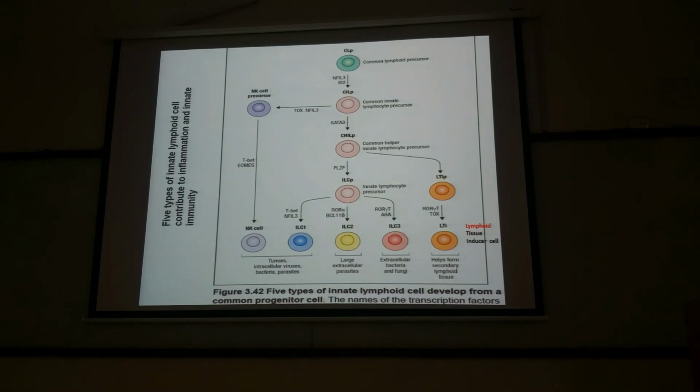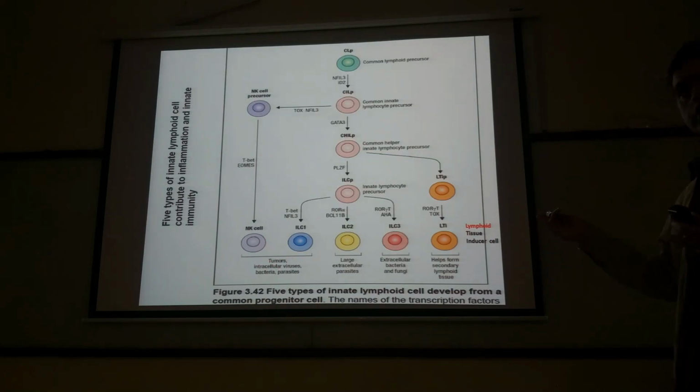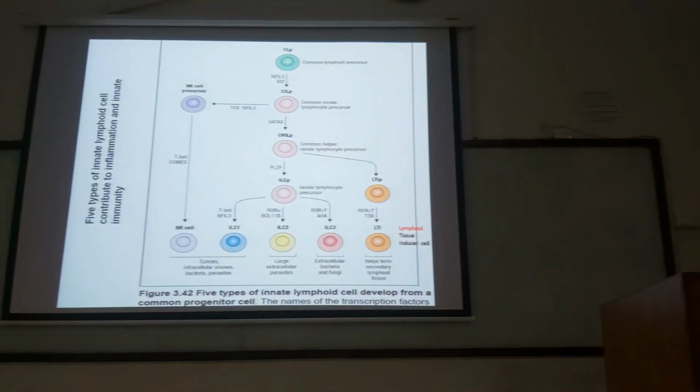We call them ILCs, or innate lymphoid cells. Okay? The most studied of all the lymphoid cells is the natural killer cell. You talk about the natural killer cells a bit in detail as compared to others.